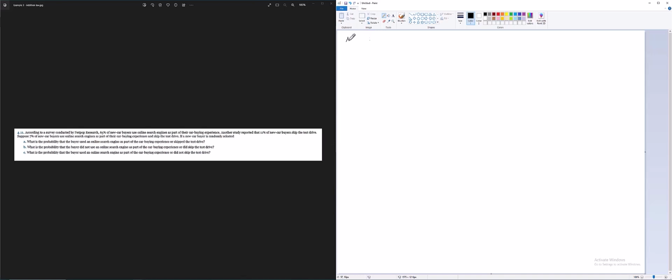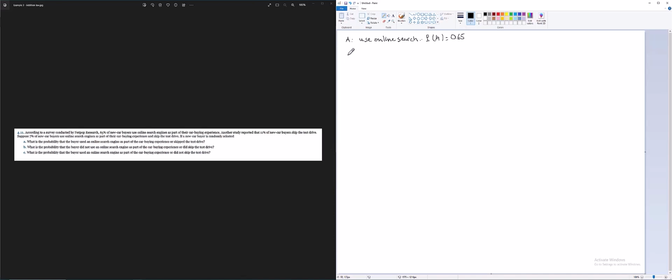The problem says the first event, let's call it A, is people who use online search when they purchase a car. We know that P of A, the probability of A, is 0.65.